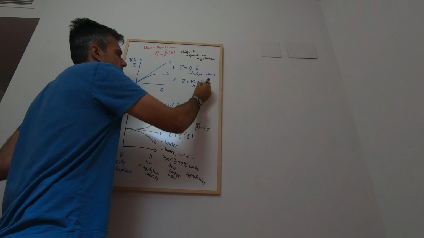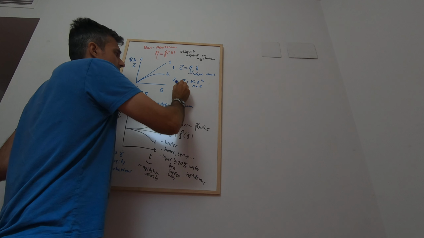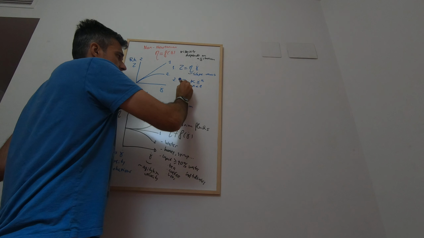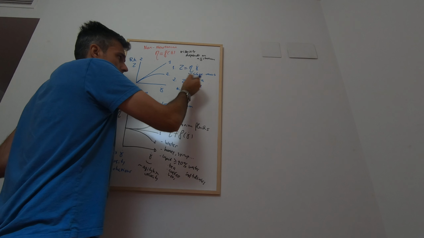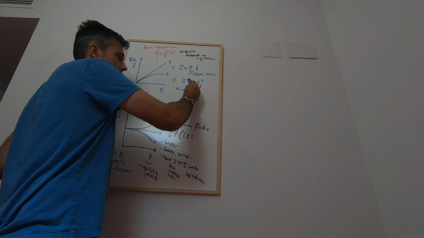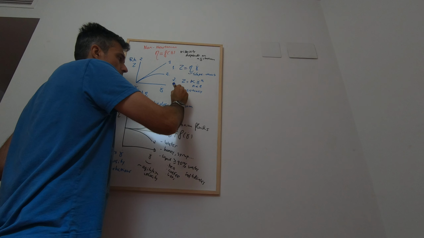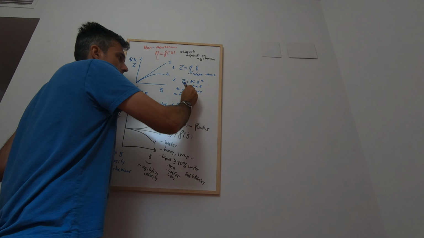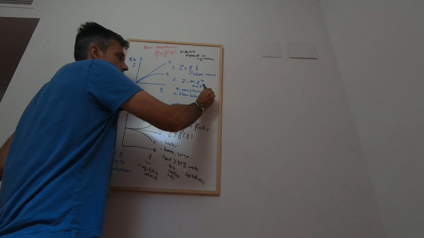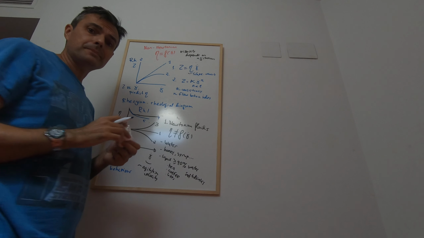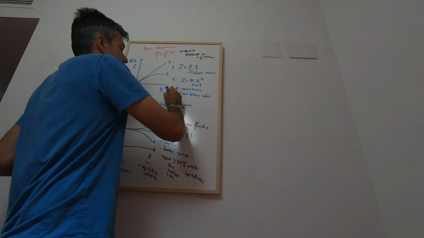So it is a power law. K is called consistency, it's related to how the fluid behaves, and n is called flow behavior index.